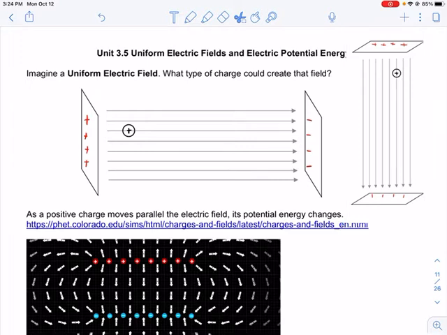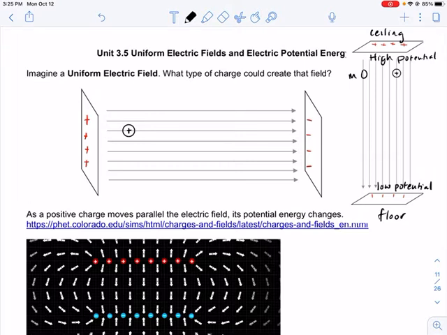I want to think about this as having a ceiling and a floor. If you're in a room with a ceiling and a floor, then the ceiling is at high potential. At the ceiling, an object with mass would have high potential energy, and at the floor, we have low potential.